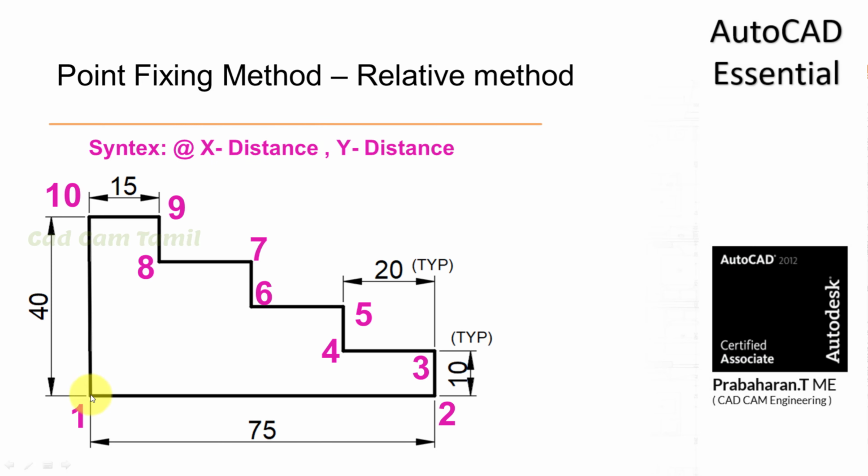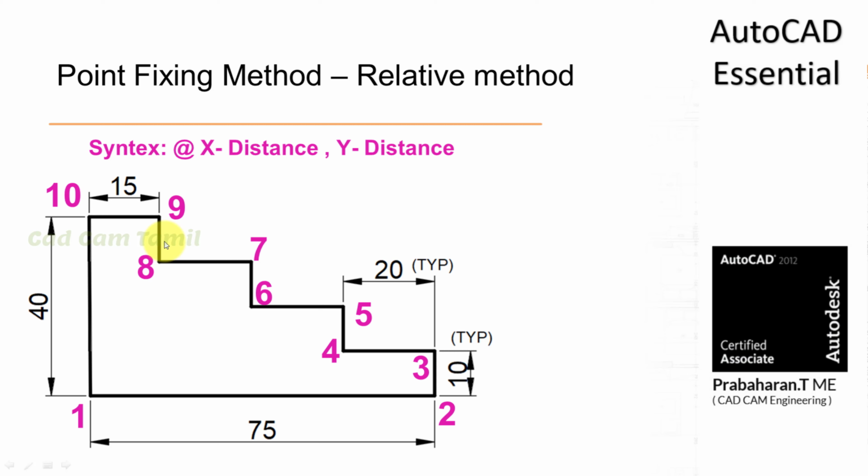All the lines are only x and y, and we have the measurements for all the lines. First see this horizontal line 1 to 2, x 75, y 0. 2 to 3, x 0, y 10. 3 to 4, we are moving towards the negative x direction, so minus 20, x, y becomes 0. Similarly, we are going to find out because for each line we know the distance.